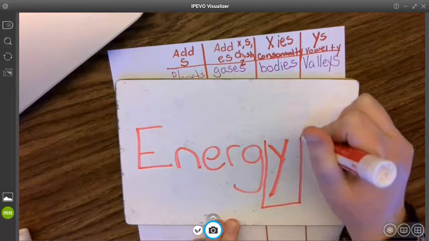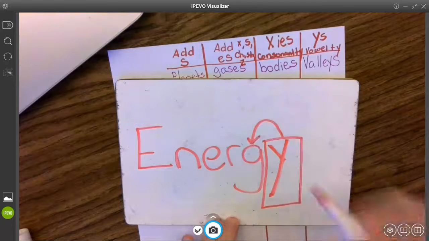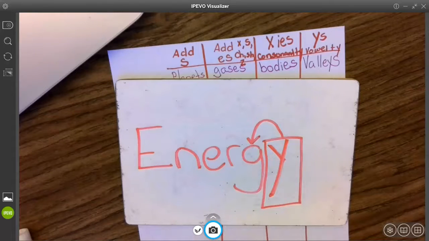Let's look next door. What's next door? That's a G. G is a consonant. So what happens when there's a consonant before the Y? We add what? We add an IES.